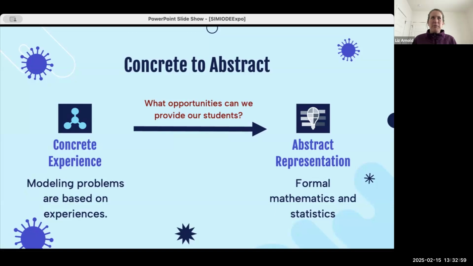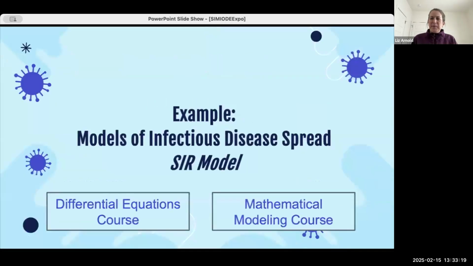So we started to think, in the context of the spread of a disease, how can we provide safe, concrete experiences that will help students start to understand the mathematical representation of everything that goes on in the spread of a disease?